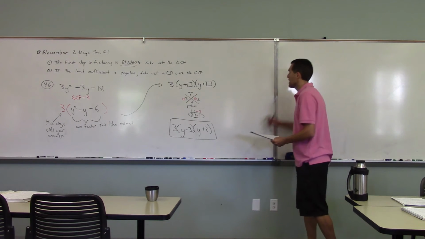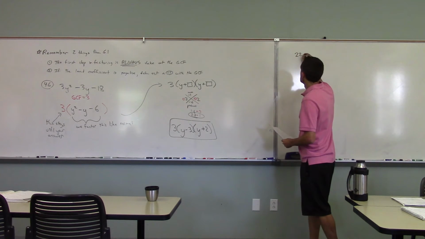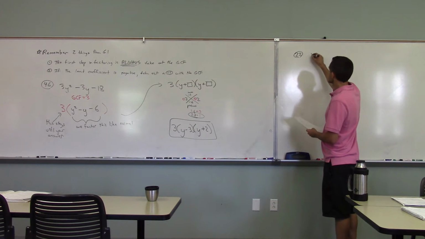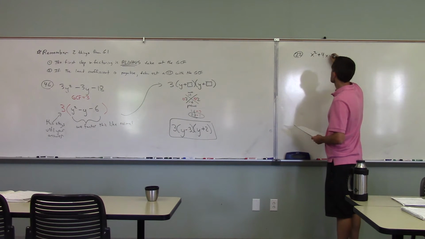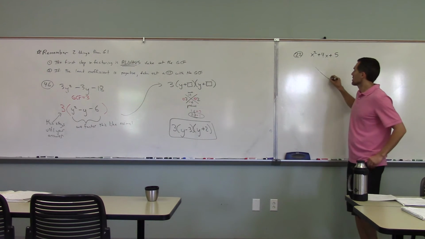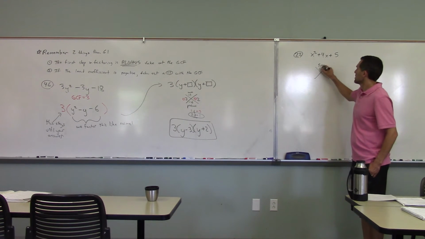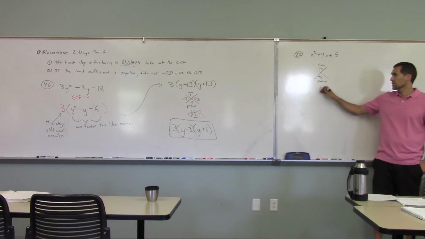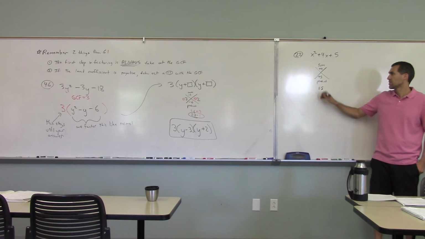Just something to mention here, problem 22 is x squared plus 4x plus 5. Okay, so no GCF to take out. So our sum is positive 4. Product, you don't need to write sum and product every time, product will always go on bottom. So our possibilities are 1 times 5.